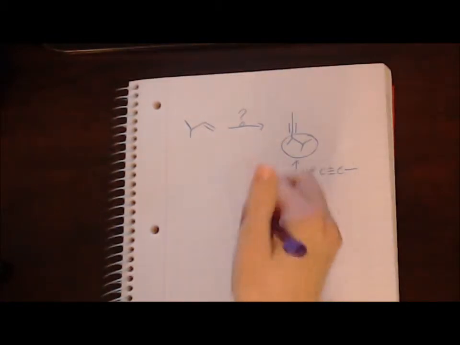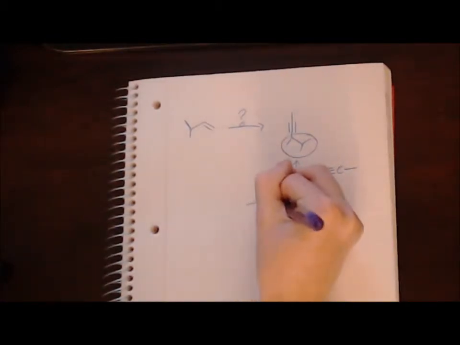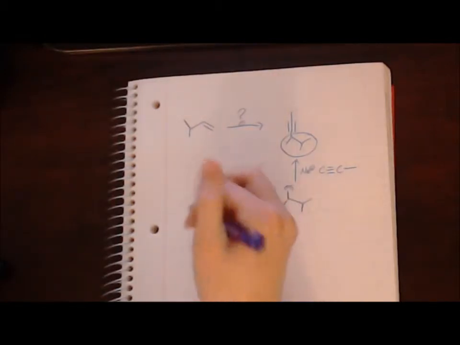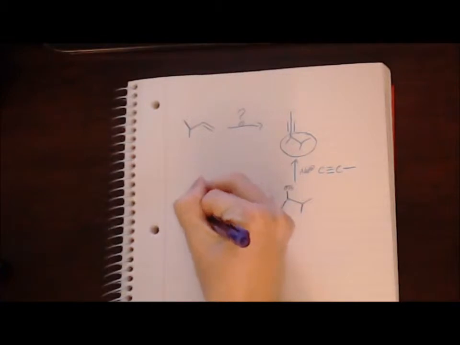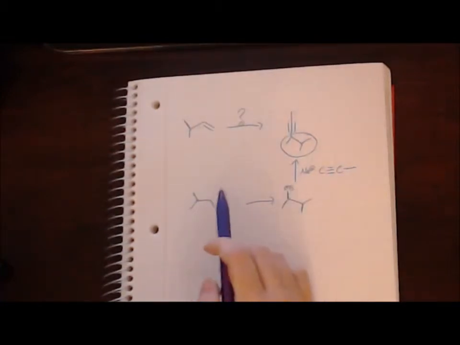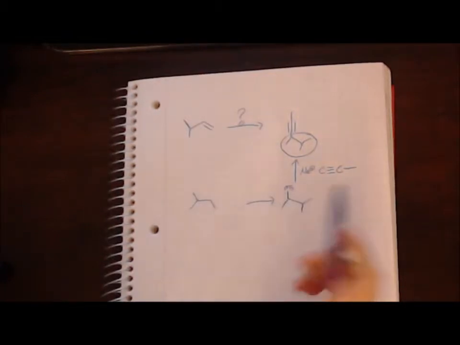So now we're going to need to go from here to here. Well, we know that we can't really do that in one step, so the easiest way to do that would be to have this, but there had to be something else here before the tosyl chloride.